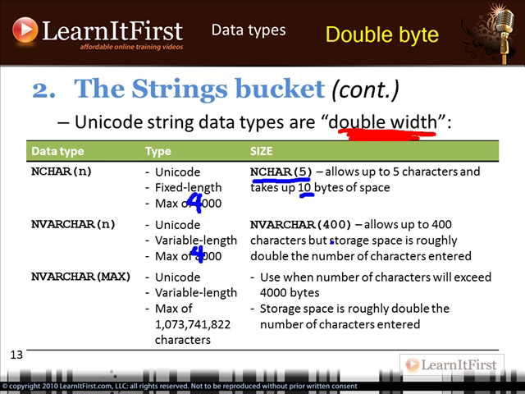But it has a max length of 4,000 for the nchar and the nvarchar, because they take up twice the space. So you'll see down here that when you're going to exceed 4,000 characters, you're going to use nvarchar max, and it's half the number of characters that the varchar max would be. So double byte, double width. It takes up double the storage to use Unicode.